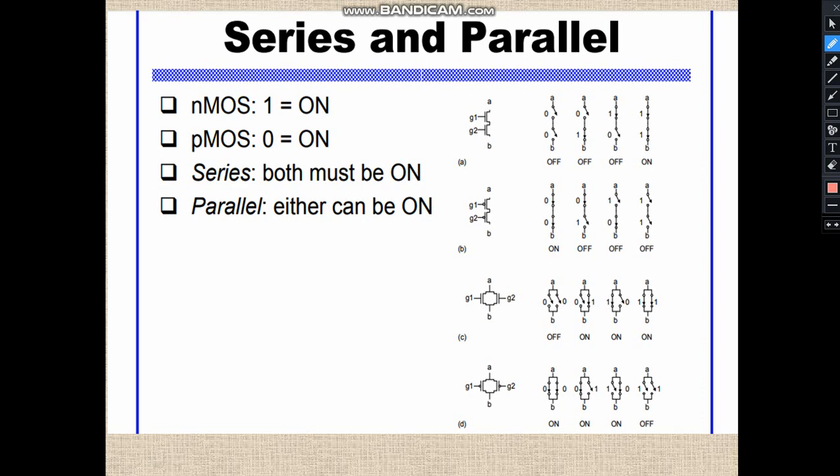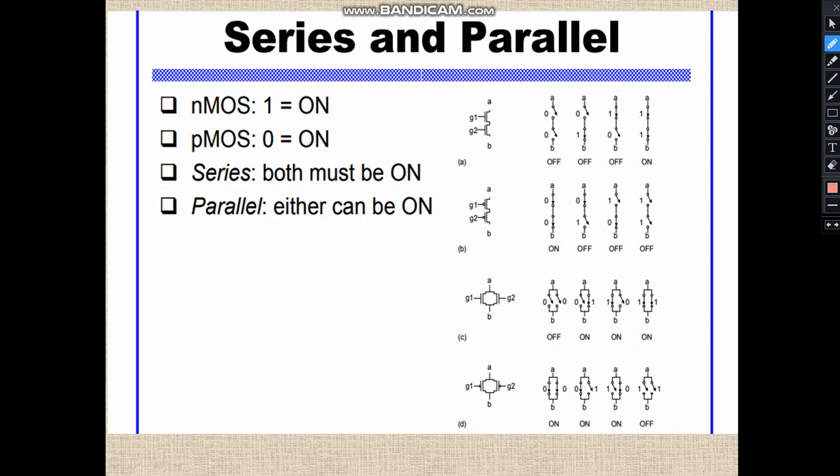For the PMOS condition, if both inputs are 0, then the output is connected to the input, and if both inputs are equal to 1, then there is no connection between input and output. So we have to remember these rules, and we will follow them for the implementation of CMOS circuits.